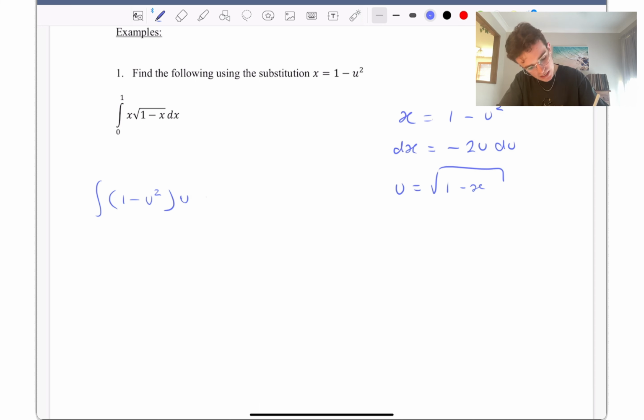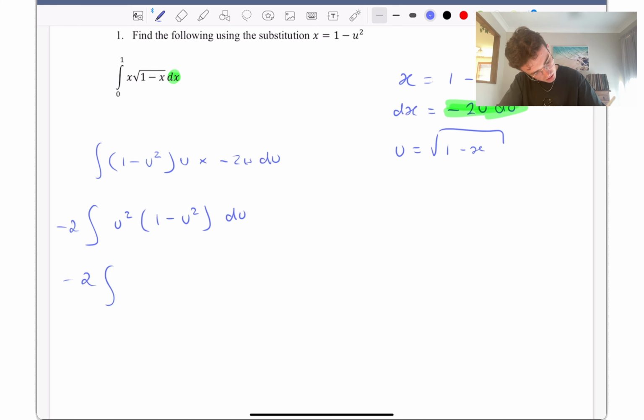We're going to replace dx with minus 2u du. So we've got the integral of minus 2 out the front of u squared times 1 minus u squared du, which is minus 2, the integral of u squared minus u to the power of 4.